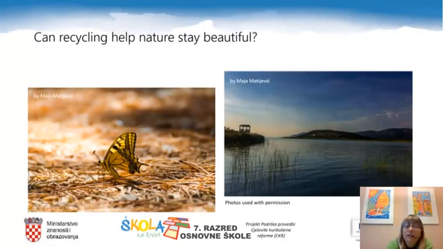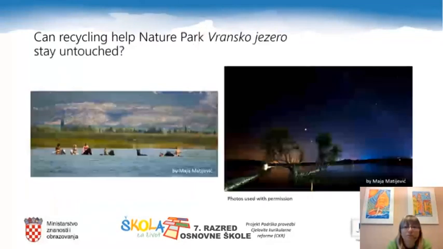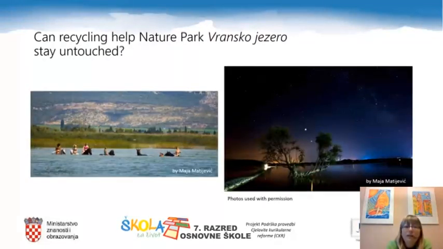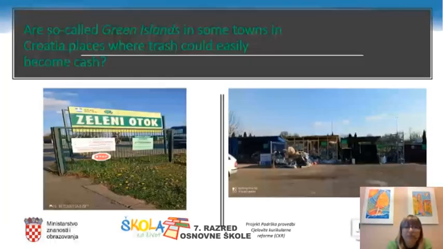Can recycling help nature stay beautiful? Can recycling help Nature Park Vransko jezero stay untouched? And finally, are so-called green islands in some towns in Croatia places where trash could easily become cash?